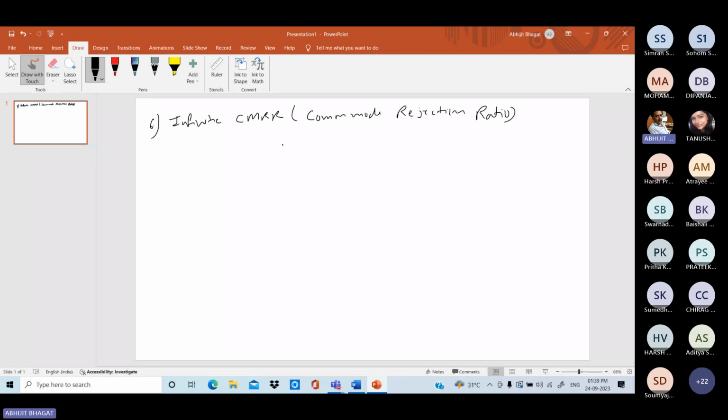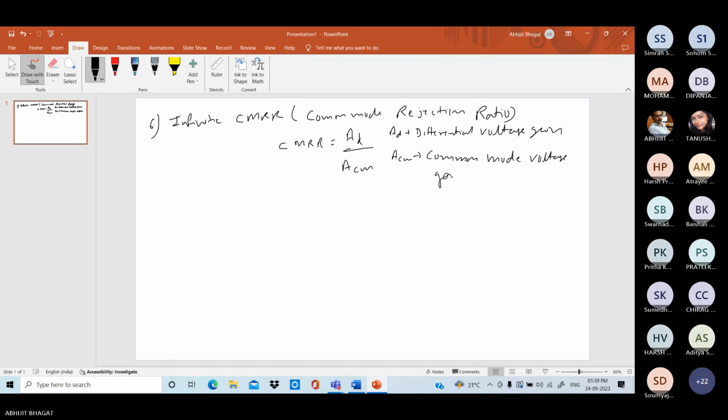And this CMRR equals AD by ACM, where AD is the differential voltage gain, and ACM is called the common mode voltage gain.